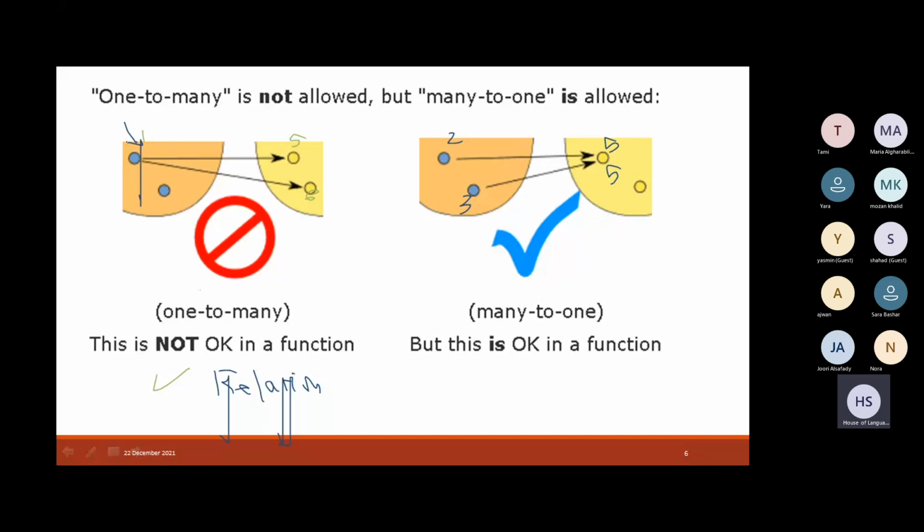But you can't put cappuccino and get coffee and milk and sugar. Got it now? Remember, one to many? No. But many to one? Yes. Okay.